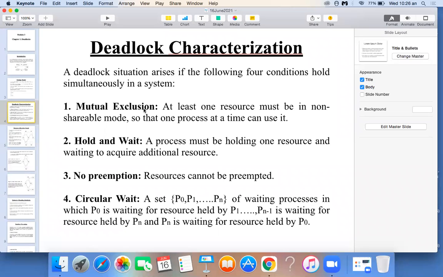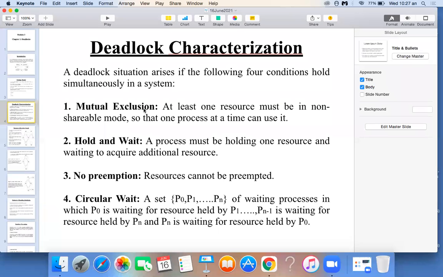If you keep a resource in a non-shareable mode, that resource has to be used by only one process. When one process is using it, the other process has to do what? Wait. That results in deadlock occurrence in your system. So that is the first necessary condition for deadlock to occur, that is mutual exclusion.